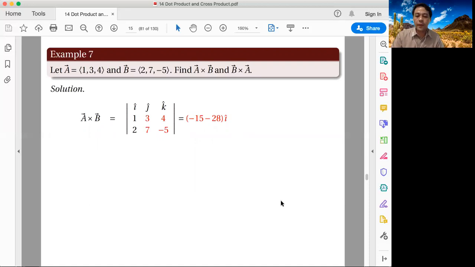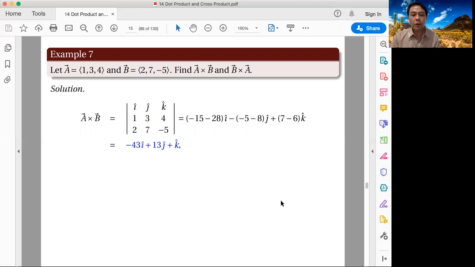And then we cover the second column and then deal with the first and last. But then we put a minus sign there. So that's a negative 5 minus 8, j. And lastly, we cover the third column and work with the first two columns. We have a plus 7 minus 6. And when you simplify the sum, you get this vector.